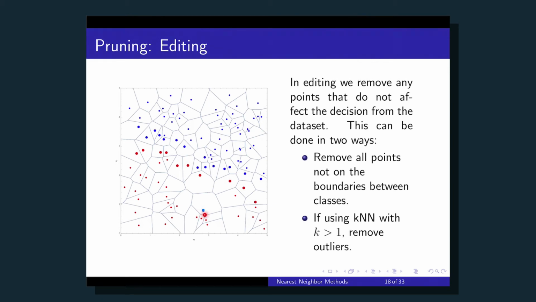So this is alone and surrounded, which means it won't affect the outcome of the classification. The outcome of the classification in this region will again be red, doesn't matter whether this blue point is here. So if you have outlier points like this and you're using anything other than one nearest neighbor, you can actually get rid of this. So that's another way of pruning.